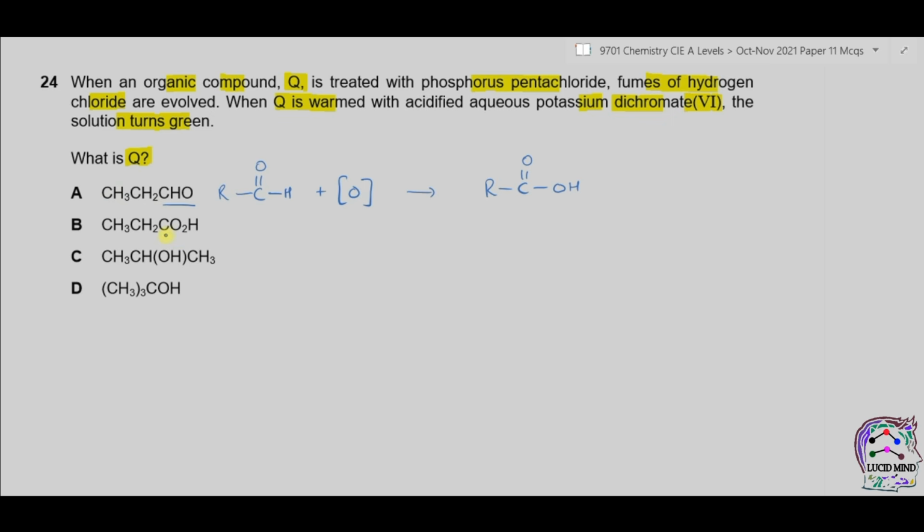In B, we already have carboxylic acid. Now this one cannot be further oxidized by potassium dichromate. In part C, we have secondary alcohol. Secondary alcohol can be further oxidized into ketone.